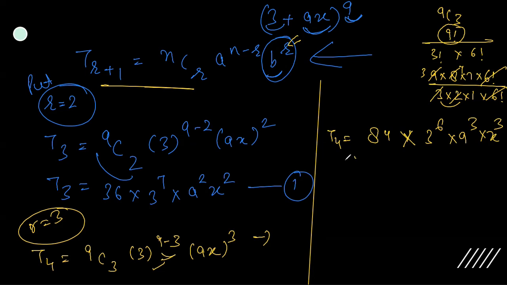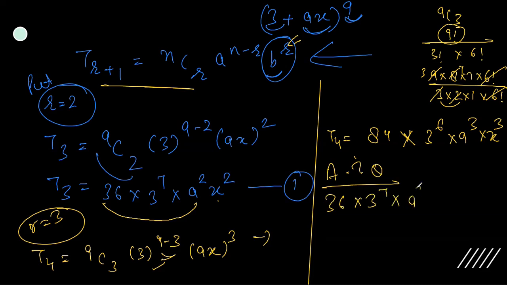Now it is given that the coefficients of x square and x cube are equal. The coefficient of x square is whatever you have in multiplication with x square, that is 36 times 3 raised to the power 7 times a raised to the power 2, equal to the coefficient of x cube, which is 84 times 3 raised to the power 6 times a raised to the power 3.